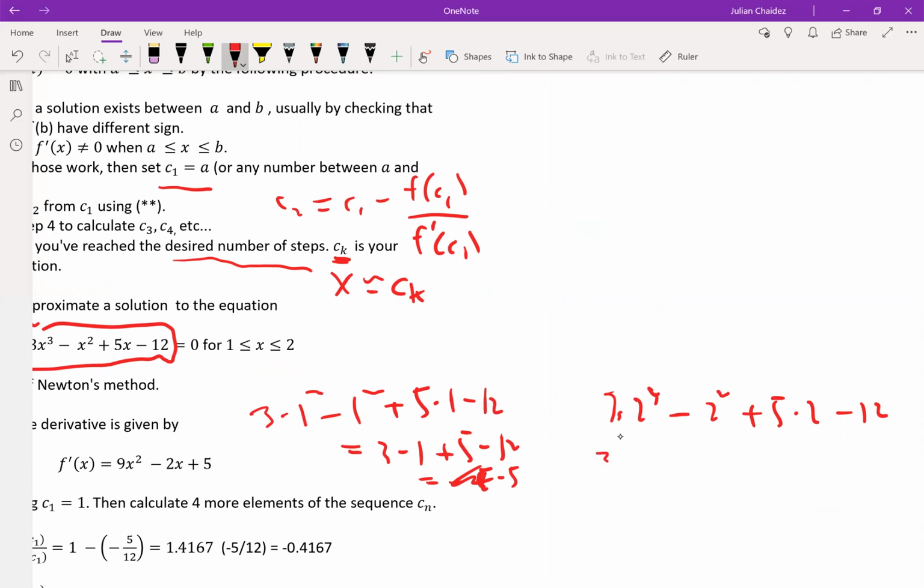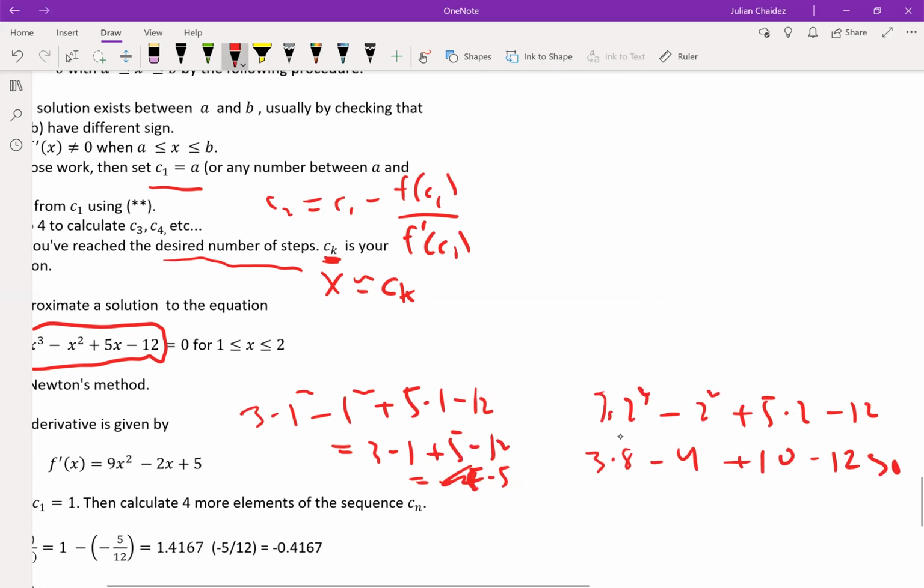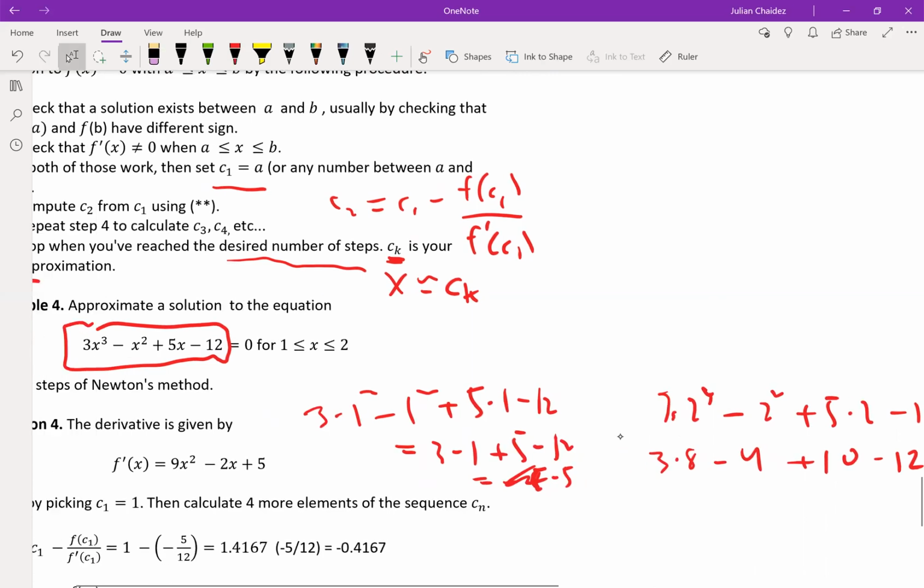That's 3 times 8 minus 4 plus 10 minus 12. It's pretty clear that this is positive, so I don't even have to add all that up. Because f of 1 is negative and f of 2 is positive, by the intermediate value theorem, there has to be a 0 between 1 and 2. That's pretty important.